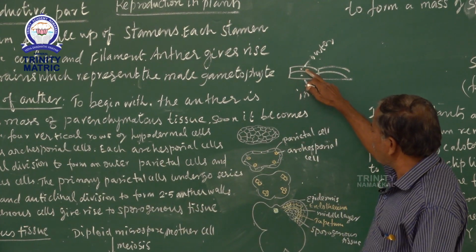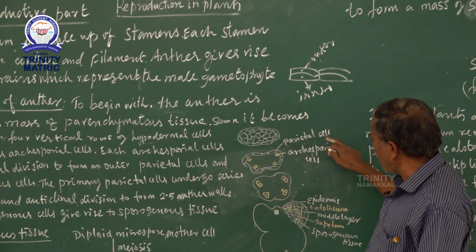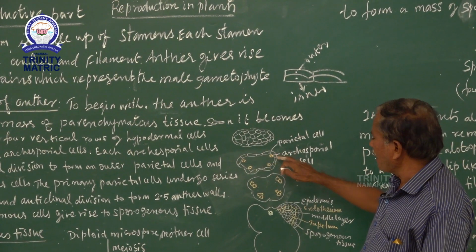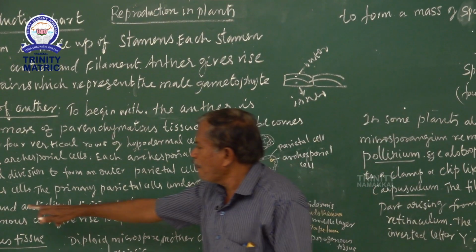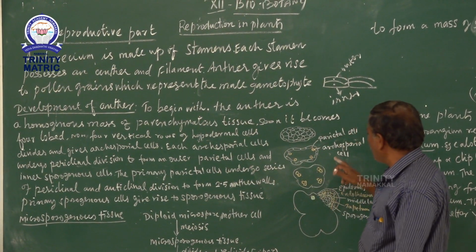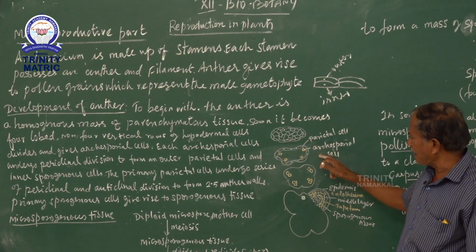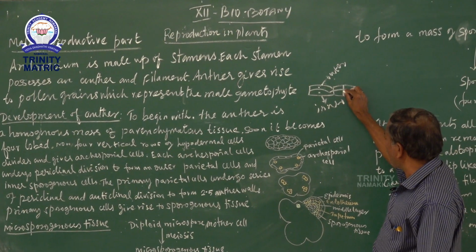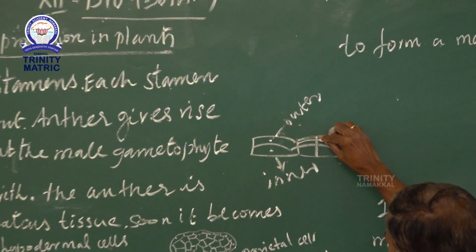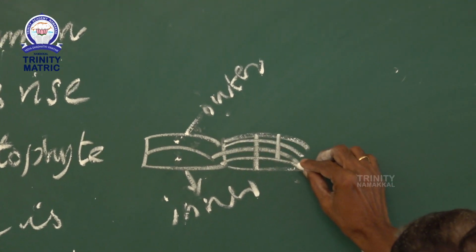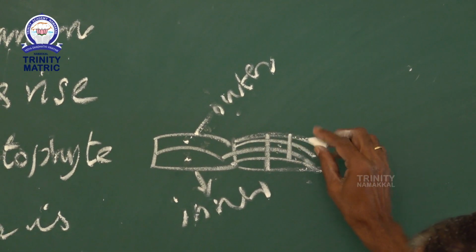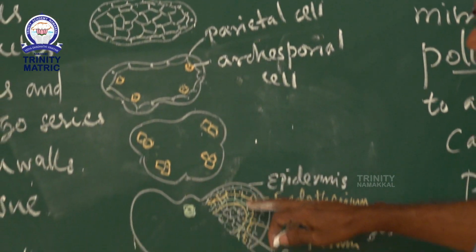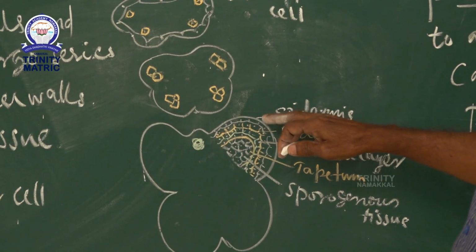The outer region gives rise to the wall layers of the anther, and the inner archesporial cells divide again, periclinally and anticlinally. This repeated anticlinal and periclinal division gives rise to 2 to 5 layers of anther wall.